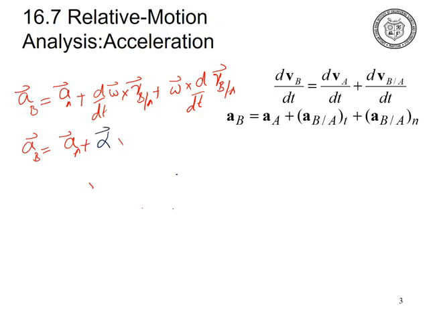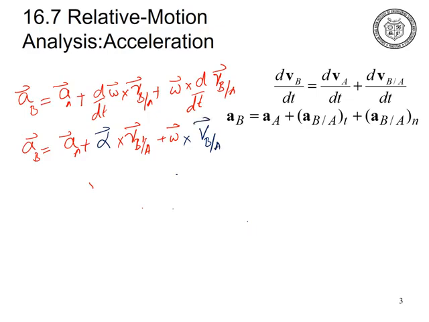So alpha cross R B with respect to A plus omega cross the time derivative of the position of particle B with respect to particle A, which is basically the velocity VB with respect to A.